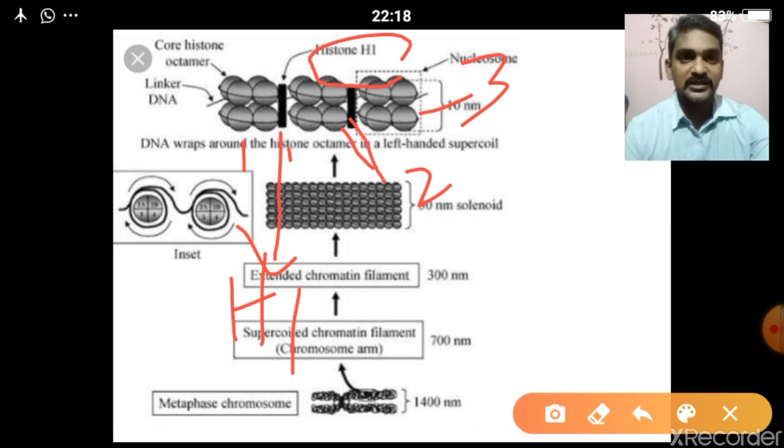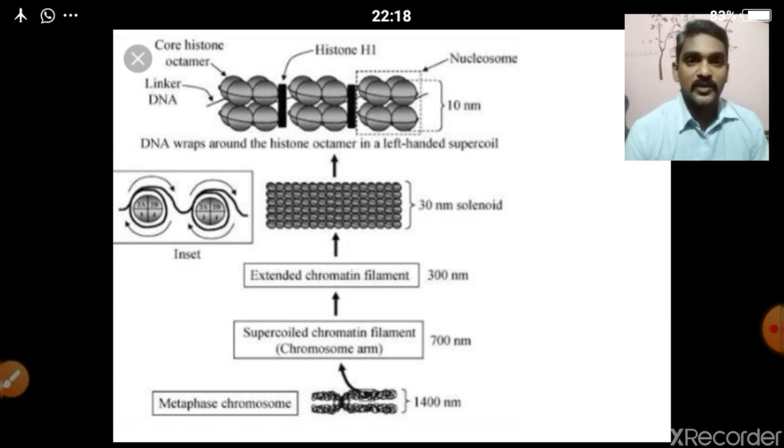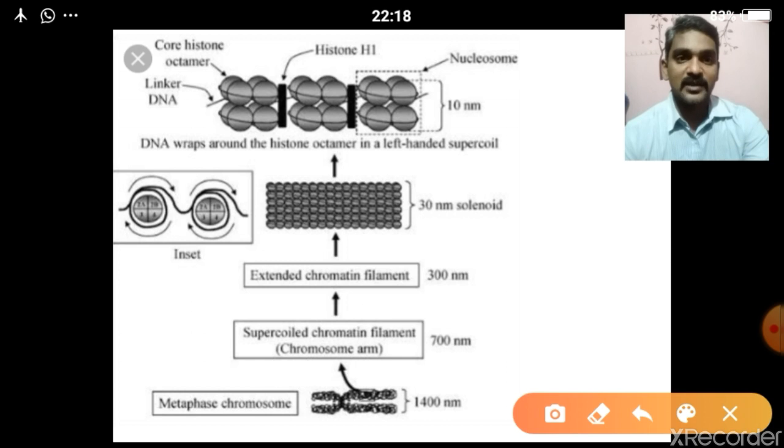Again here also you can see this is H1 histone protein. Totally, the histone octamer forms the nucleosome structure, and then H1 links between one nucleosome and another. So they will be compactly packed to form the chromatin structure. You can see here the chromatin.